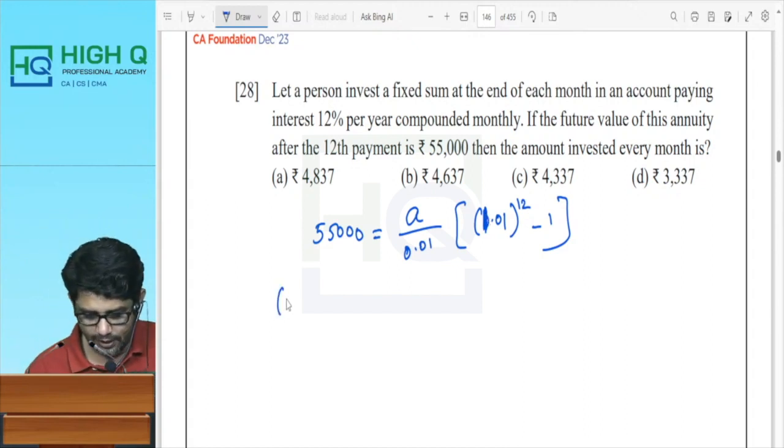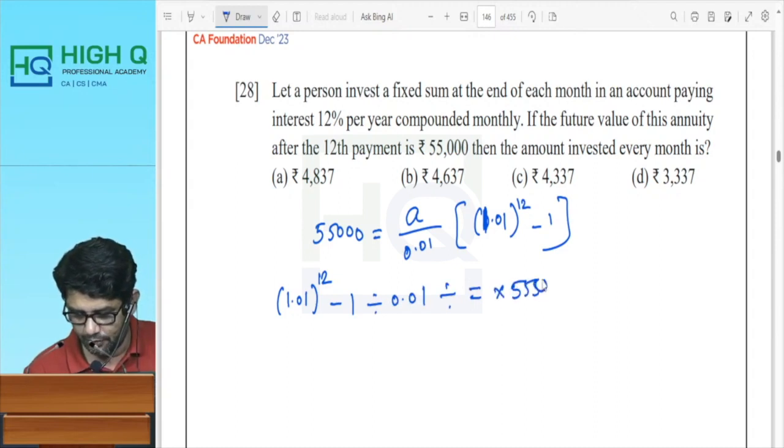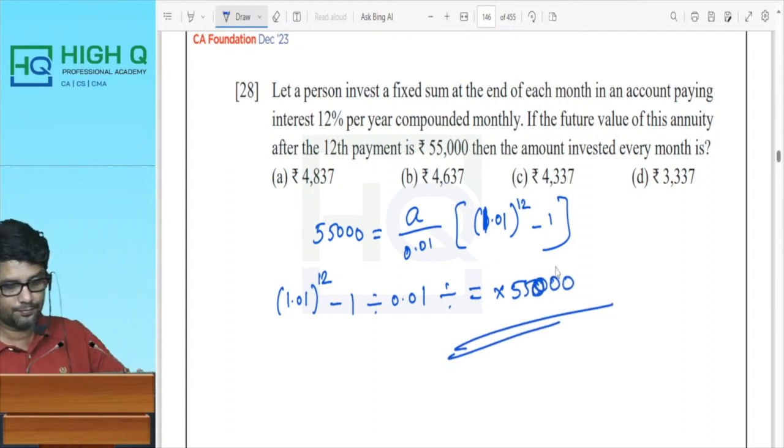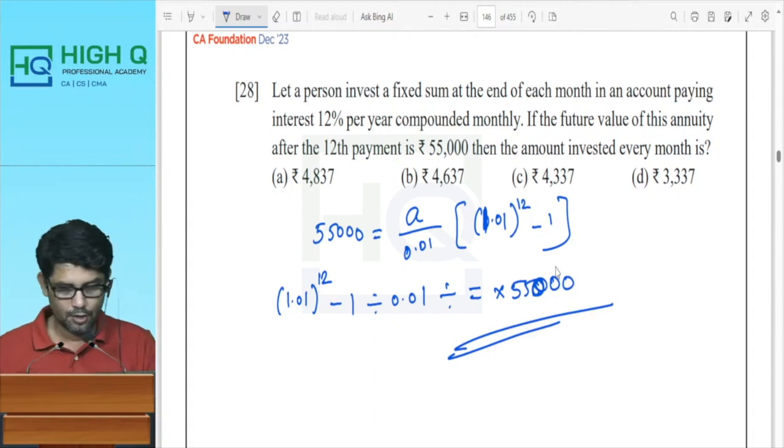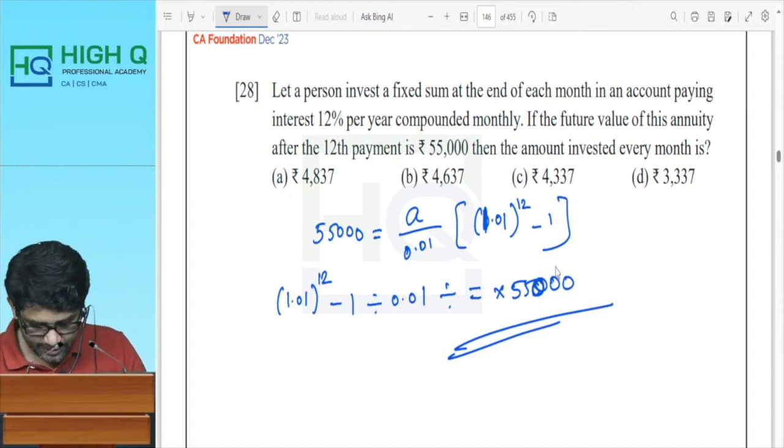If you are using calculator, 1.01 whole power 12 minus 1 divided by 0.01, divided by, equal to, into 55,000 will be your answer. Use calculator. Four three three seven.